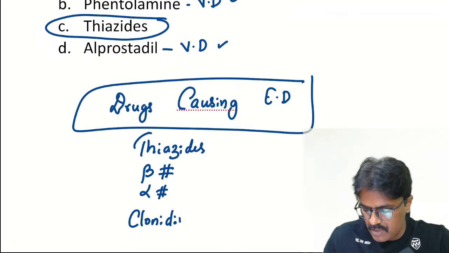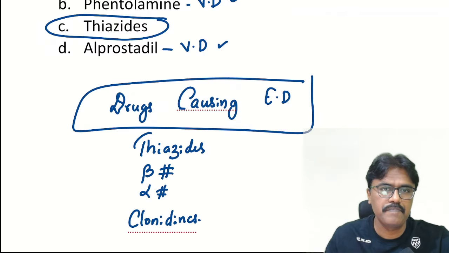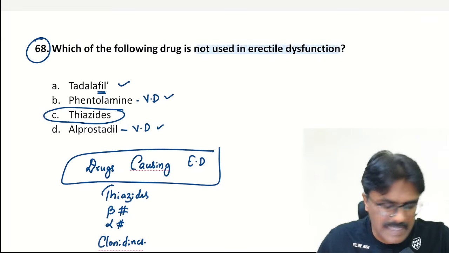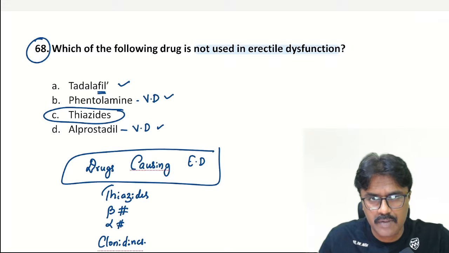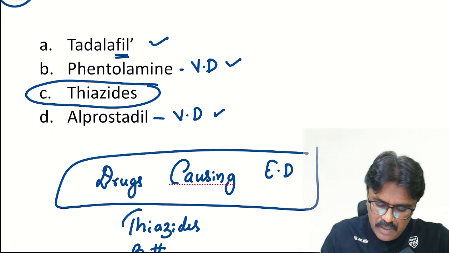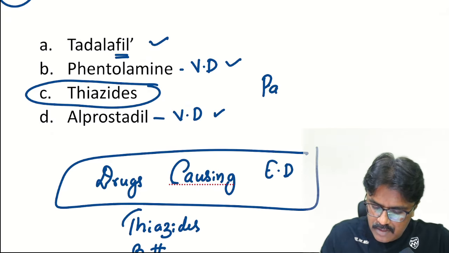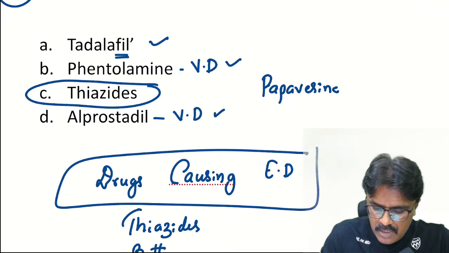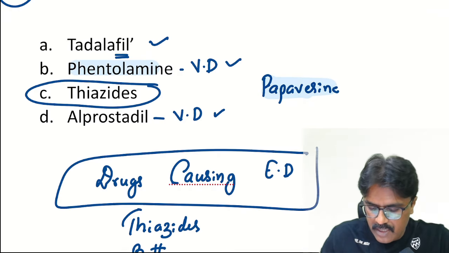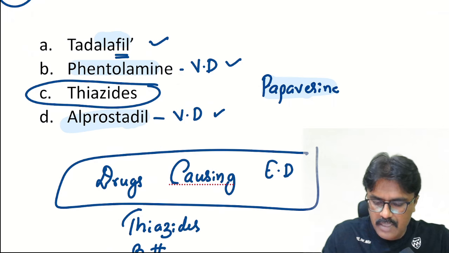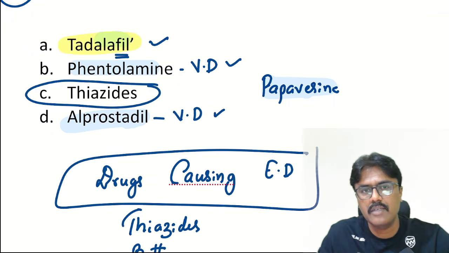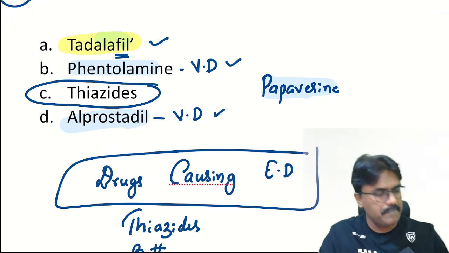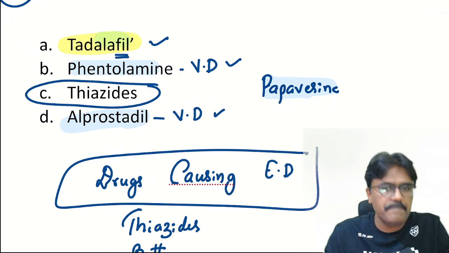These drugs themselves can cause erectile dysfunction. So answer is C. Thiazides are not useful, but we can use phentolamine, alprostadil. One more drug is papaverine. These three drugs are injections available for erectile dysfunction. Pills are orally available drugs for erectile dysfunction. Okay.